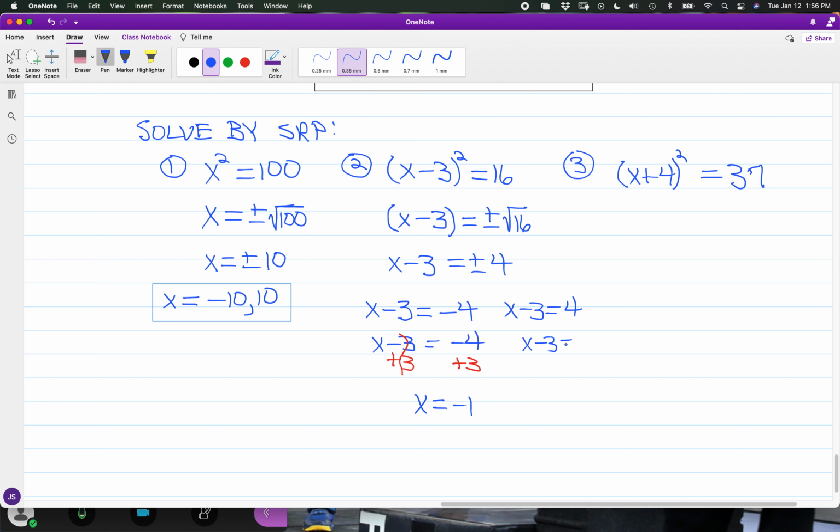And for x minus 3 equal to 4, if I add 3 to both sides, we'll have the other solution for x, which is going to be 7. And you can always check. 7 minus 3 is 4. 4 squared is 16. And we have negative 1. Negative 1 minus 3 is negative 4. Negative 4 squared is also 16.